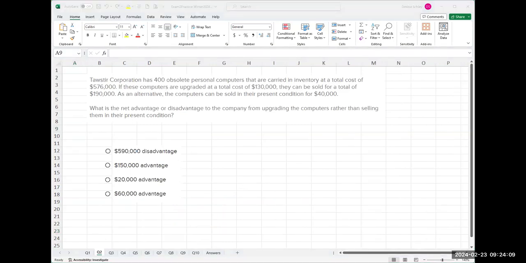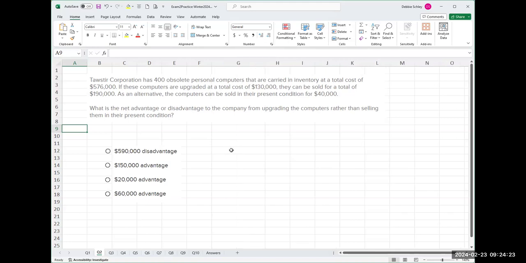Question 2. So let's see, what are they giving? Coster Corporation has 400 obsolete personal computers. So I have 400 of those.